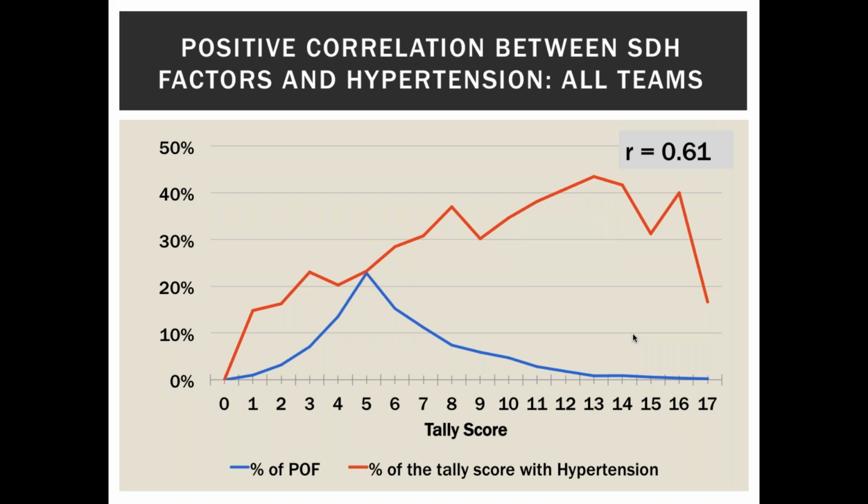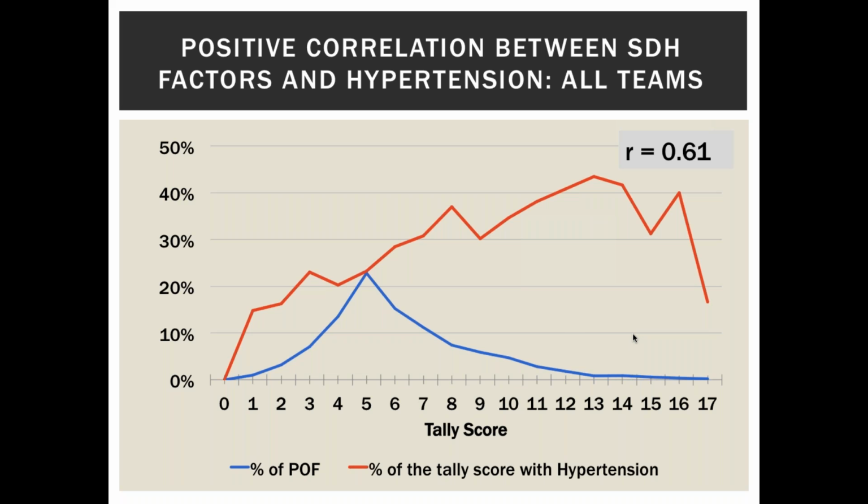So that really just means that as the number of risks increases, the likelihood of having hypertension increases as well. But there's really a lot more work to be done. And as we're continuing to expand the PRAPARE work, we're going to be able to do much more powerful analysis rather than having the smaller number of patients of focus for now.